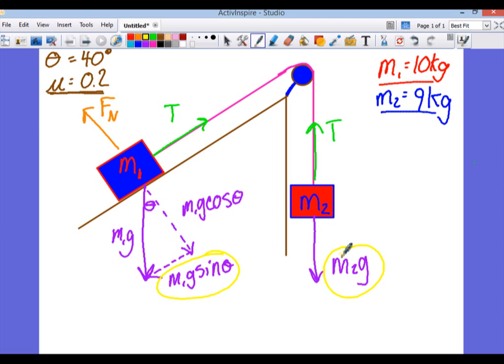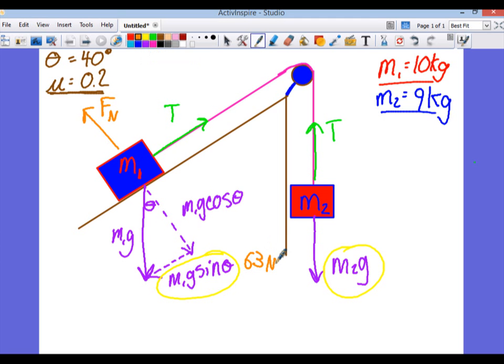So we plug in our numbers. Mass 1 is 10 kilograms times gravity times the sine of 40. If we plug that in, 10 times 9.81 times the sine of 40, I get M1G sine theta is equal to a force of around 63 newtons. And now we do M2G.